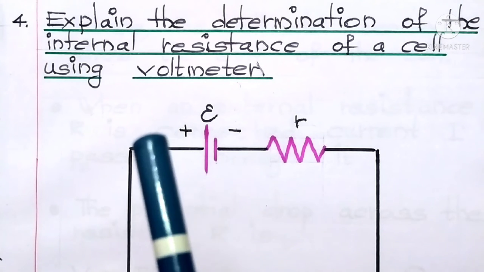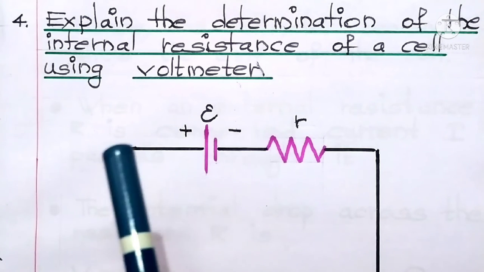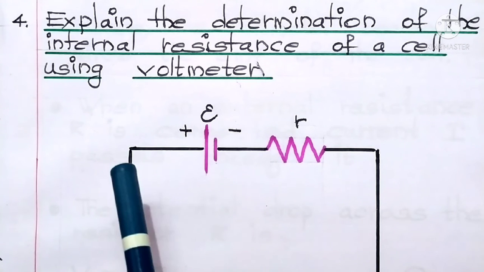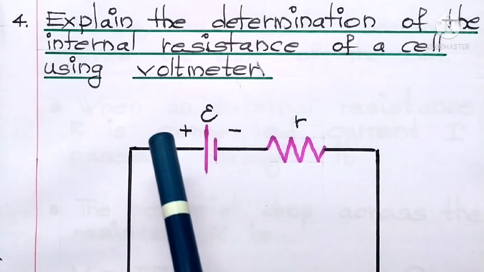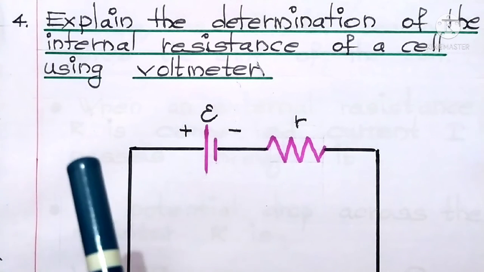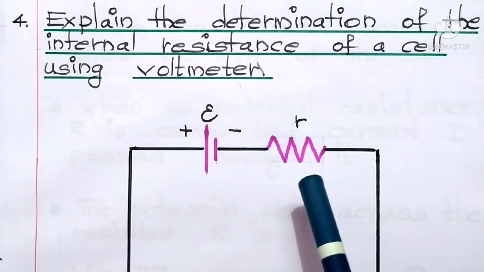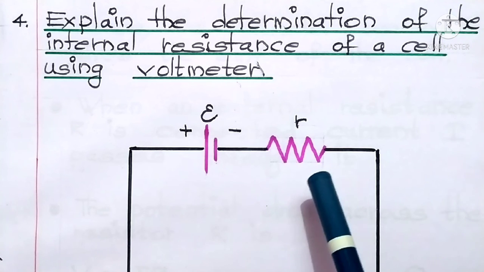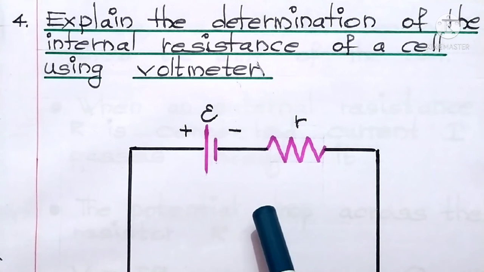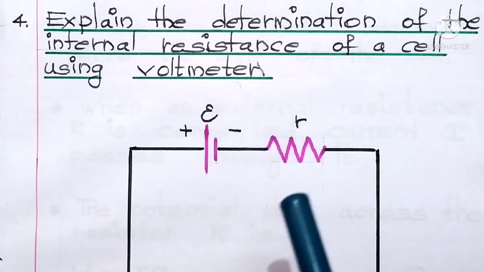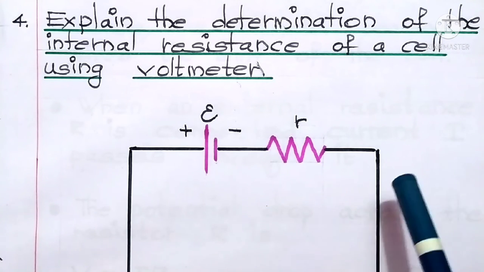EMF is the potential difference between the terminals of the battery or a cell in an open circuit, whereas voltage is the potential difference between the two terminals of a battery or a cell in a closed circuit.